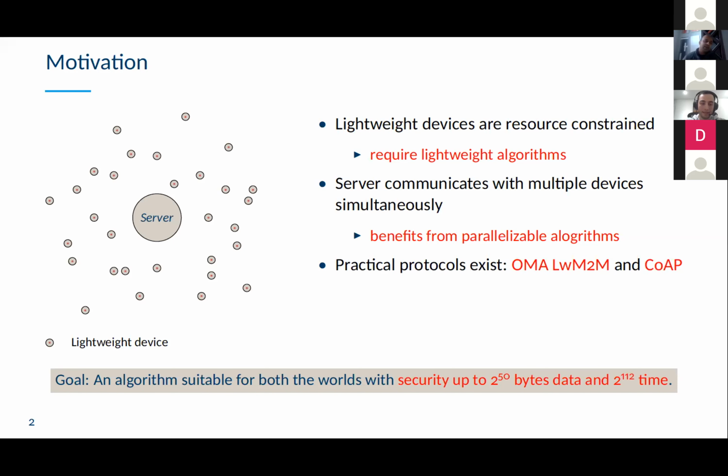If you know NIST, the National Institute of Standards and Technology in the USA, they have initiated a lightweight crypto competition, and they have provided some recommendation of the security bounds. Our goal from this design, something suitable for both lightweight and high performance platforms as well as regarding security, is security up to 2 to the power 50 bytes of data and 2 to the power 112 time complexity. Right? So this is the idea. This is the overall motivation behind our design.